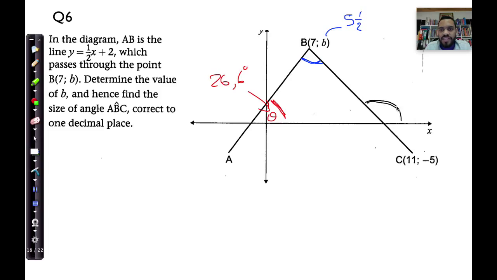In order to find this angle, again, we need some help. We need to actually find the gradient of that line and then use tan theta again. So how am I going to do that? Well, we're just going to take a blue line, little blue mark over there, and we're going to say, if that's 5.5, the gradient of that is going to be, let's write it over here, MBC.